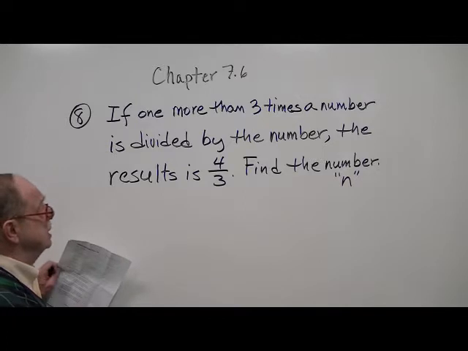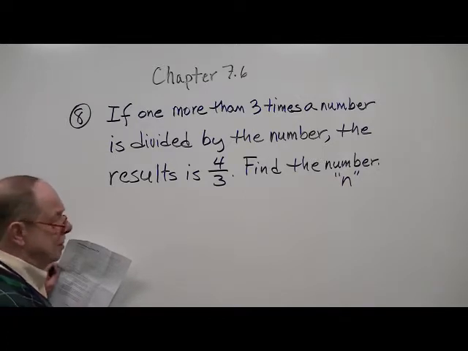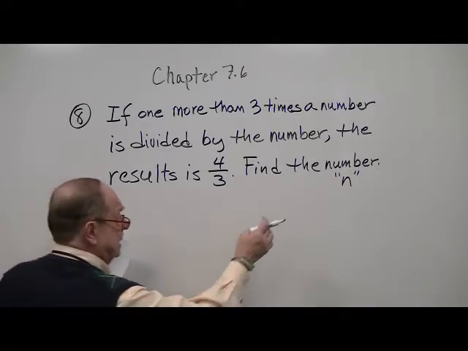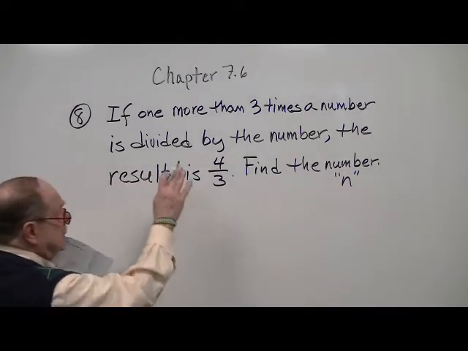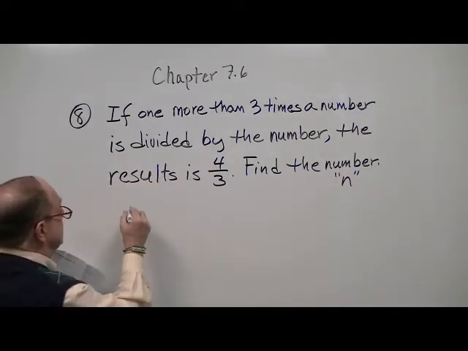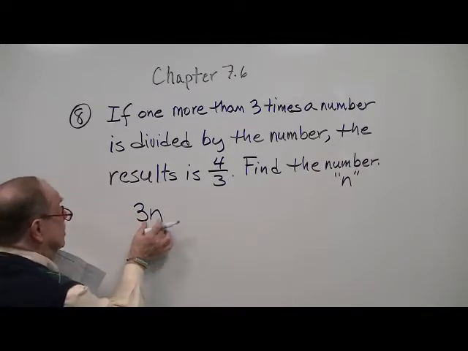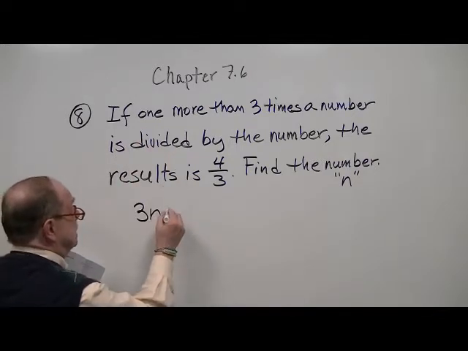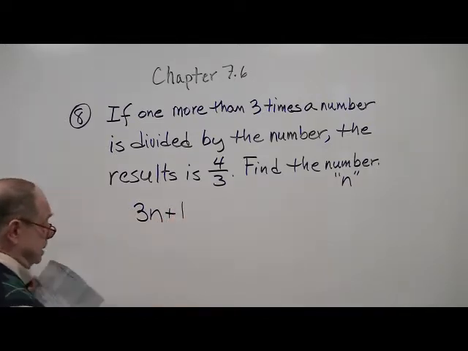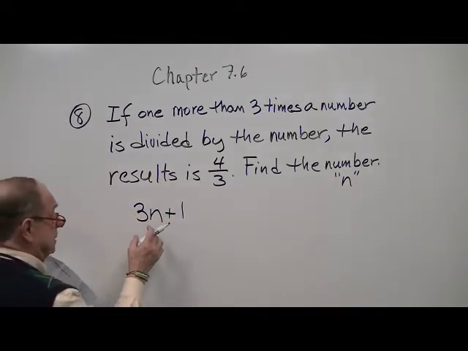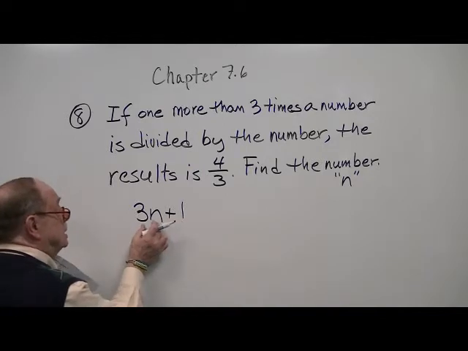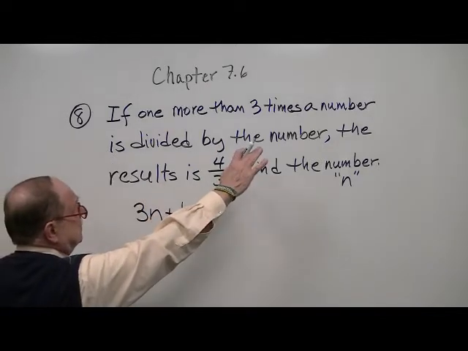One more than 3 times a number. Well, we're going to let n equal the number. 3 times the number is 3n. 3 times the number, and one more than that. So this is one more than 3 times the number, just that.